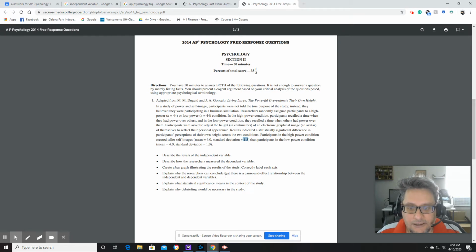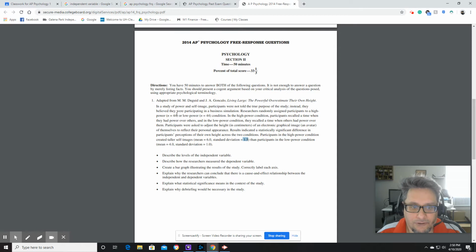So because it's an experiment and because they had two groups that they could compare against each other, and because their results were, as it says here, statistically significant, then you can conclude that the power condition they were put in was the determining factor to how tall they made themselves in the video game.